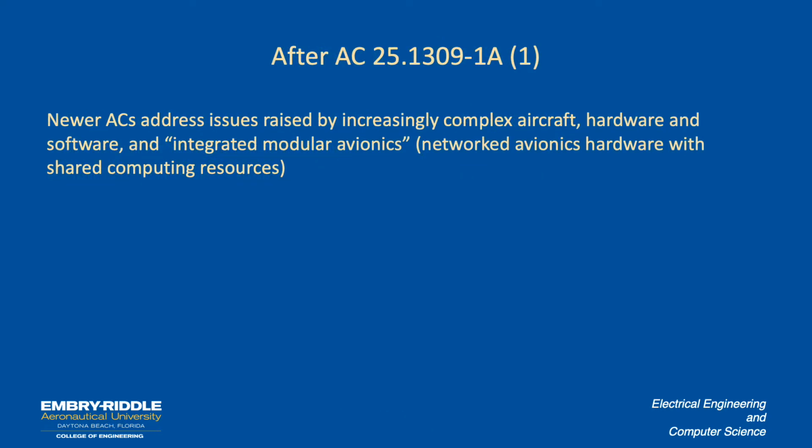Since 25.1309-1A, which was published in the 80s, there's been additional advisory circulars that talk about how to deal with increasingly complex software and hardware systems that implement avionics, including what's called integrated modular avionics, which is where you have networked avionics hardware.